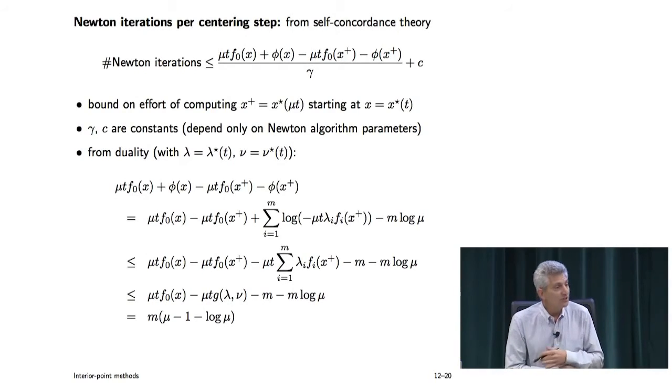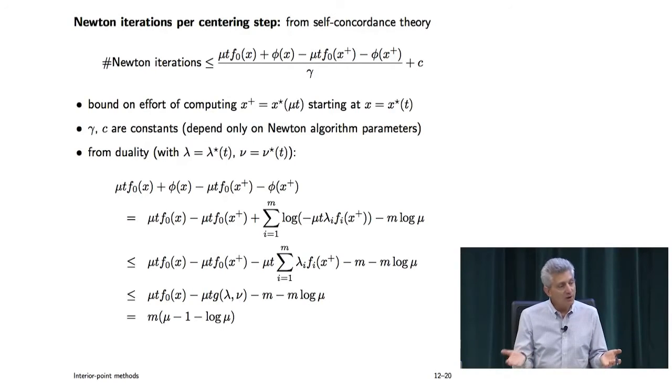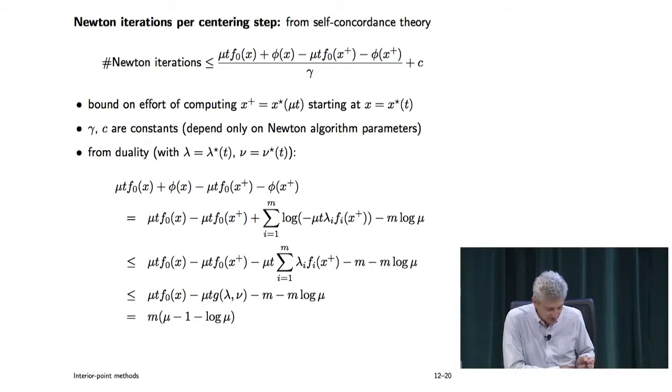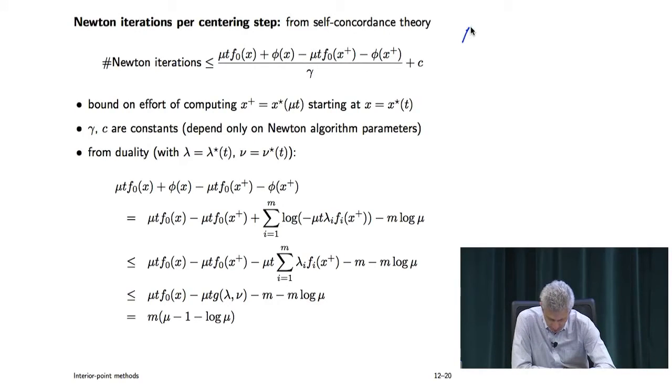So what happens is we know the number of outer steps. That's easy. That's just basically log 1 over epsilon, right? Because you divide the duality gap by a factor mu every outer step. So the question is, how many Newton steps does it take? And the answer is very simple. You are going to minimize mu t f0 of x plus phi of x.